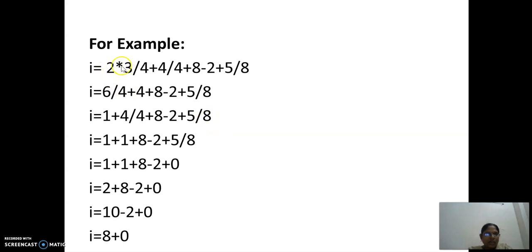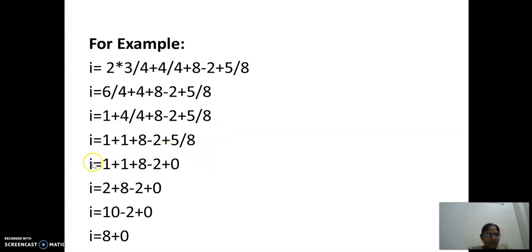Now you have 1 multiplication and 3 divisions, so it is evaluated from left to right. 2 * 3 is 6, / 4 gives the quotient 1. Next, 4 / 4 is 1, and 5 / 8 is 0.